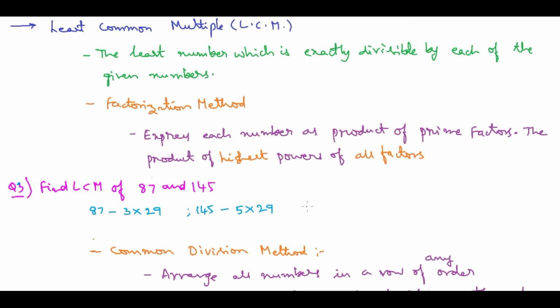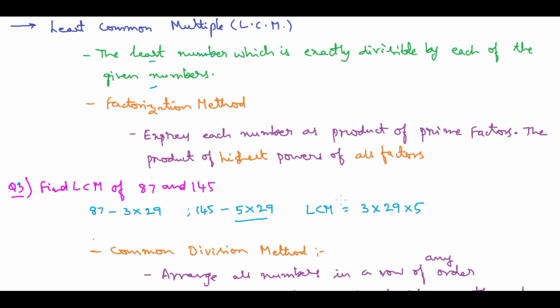Now what is LCM? LCM means the least number which is exactly divisible by each of the given numbers. To make a number divisible by each of them, we have to take all the factors, 3 and 29. Now I want this number to be divisible by 5 as well. 29 will go, but 5 won't go, so I have to put 5 also.